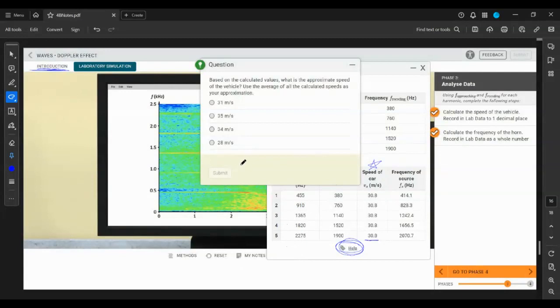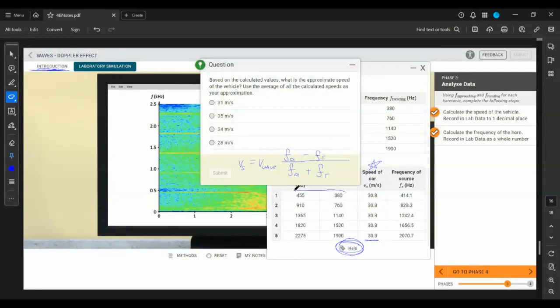So we had that the velocity of the source, which is the car blowing its horn, is equal to the velocity of the wave, meaning the sound wave, which is 343 meters per second, multiplied by the difference in the frequencies, so the frequency approaching minus the frequency receding over the sum of the frequencies. So the frequency approaching plus the frequency receding.